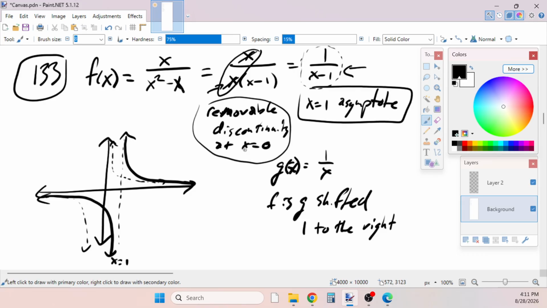And then at x equals 0, which is here, I need to put a nice little open circle to represent the removable discontinuity. I'll label that as (0, -1).